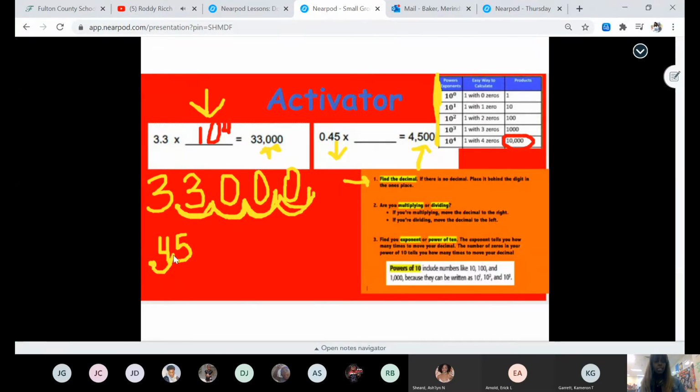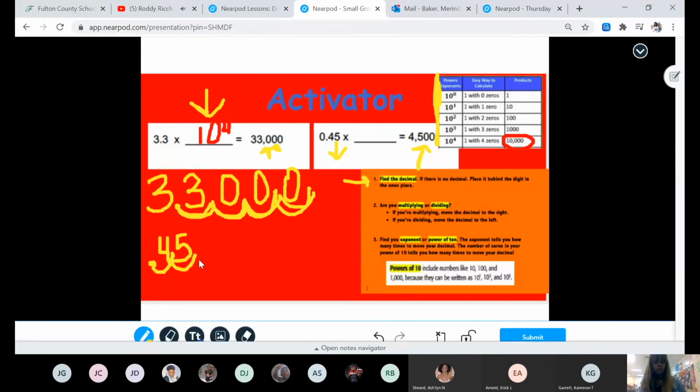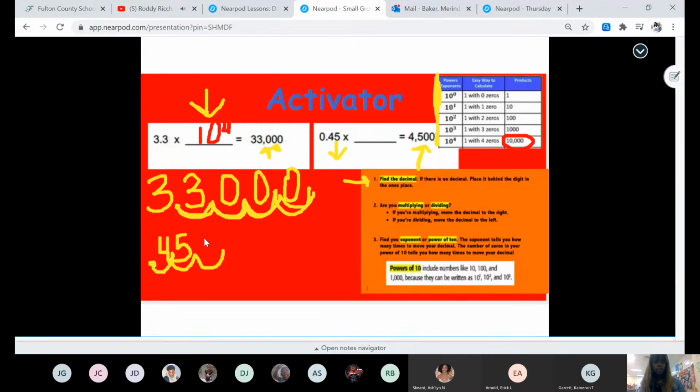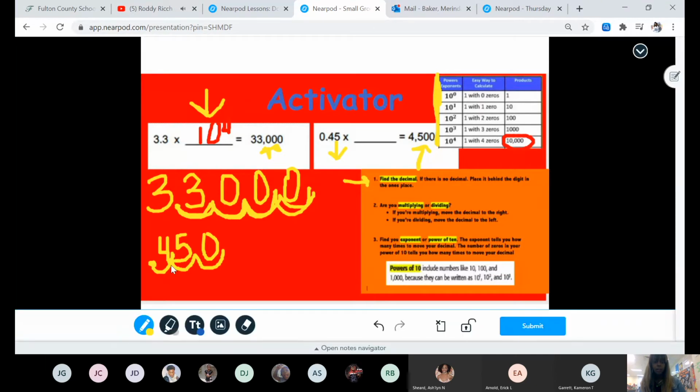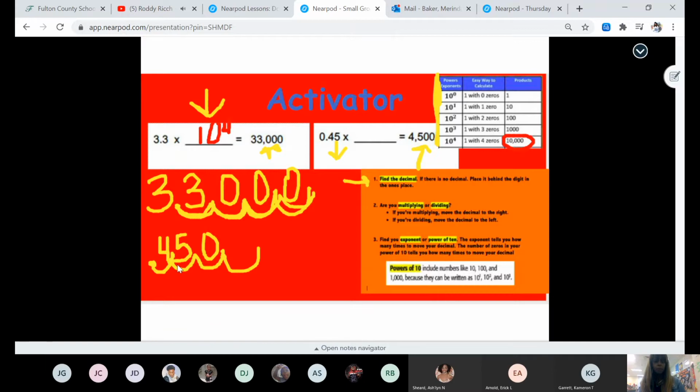So that's 1 time, moving 2 times, 3 times. I'm gonna fill in that 0. That's not 4,500 yet. That's only 450. And then now I'm gonna move my 4th time. So no, I just moved 1, 2, 3, 4 times, and then I'm gonna fill that space in with 0.